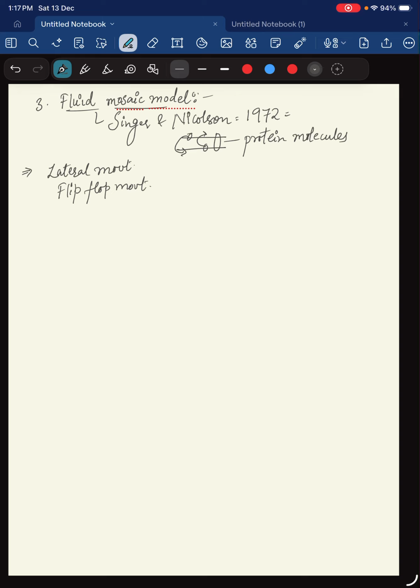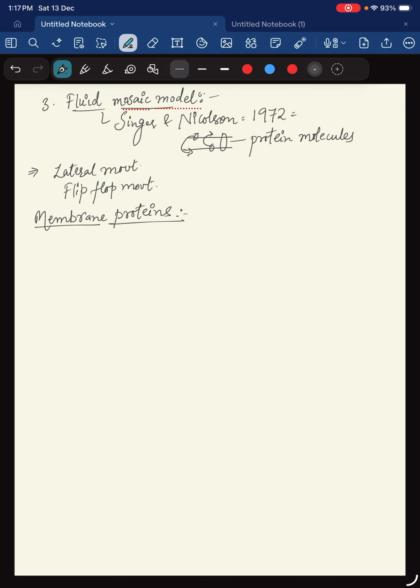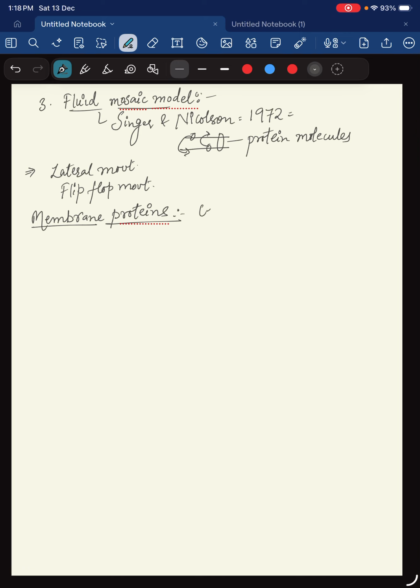So membrane proteins are those proteins which are present on the surface of the membrane and have certain identity markers on them. These are responsible for cell-cell recognition, and the proteins which recognize are known as cell-cell recognition proteins.